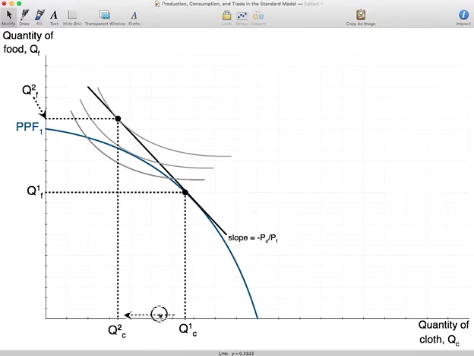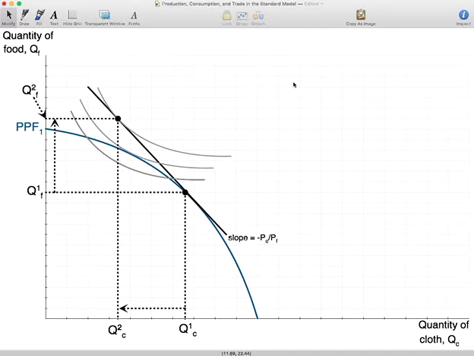The movement from Q1C to Q2C is the level of exports of cloth from this particular country. And our original consumption of food was Q1, and now we are consuming at Q2. This is the level of imports of food that this nation is getting.